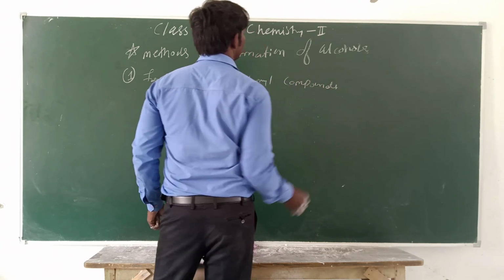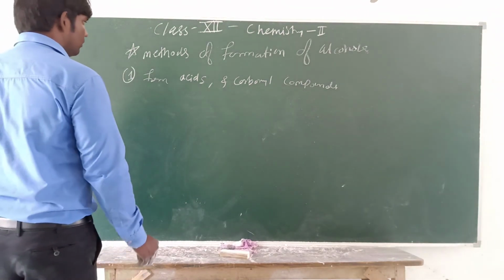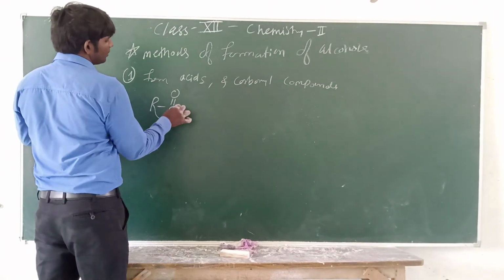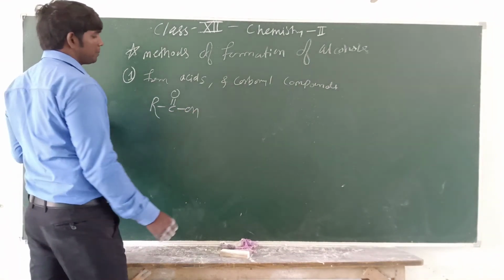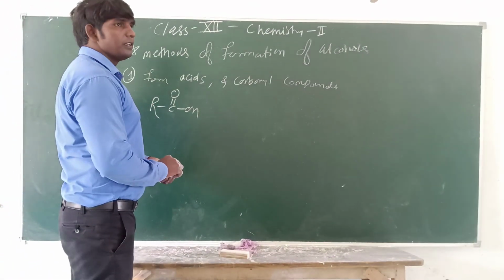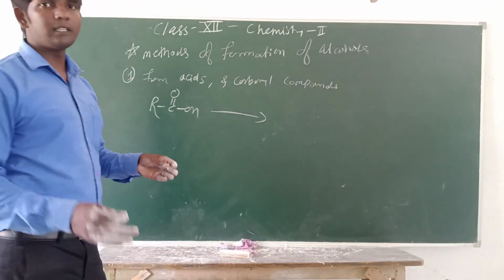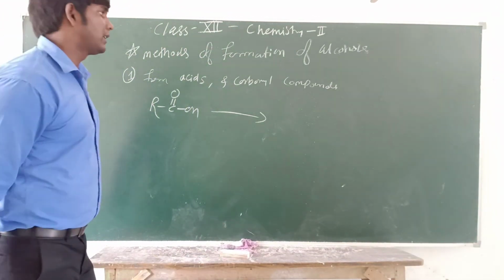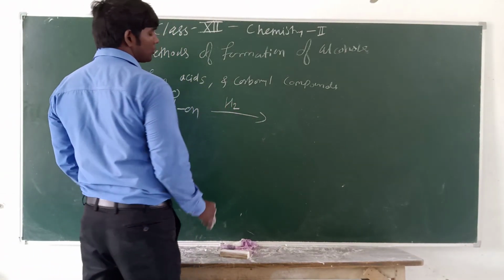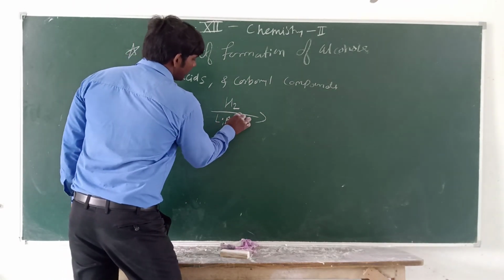Carboxylic acid is nothing but RCOOH. To obtain alcohol from the acid, we reduce it. What is reduction? Reduction is the addition of hydrogen atoms. We add hydrogen by a suitable reagent like lithium aluminium hydride.